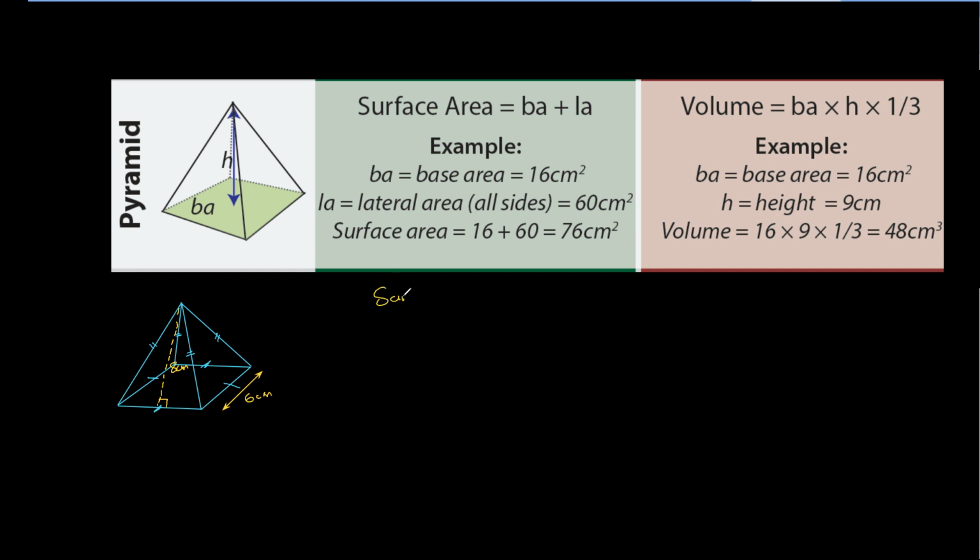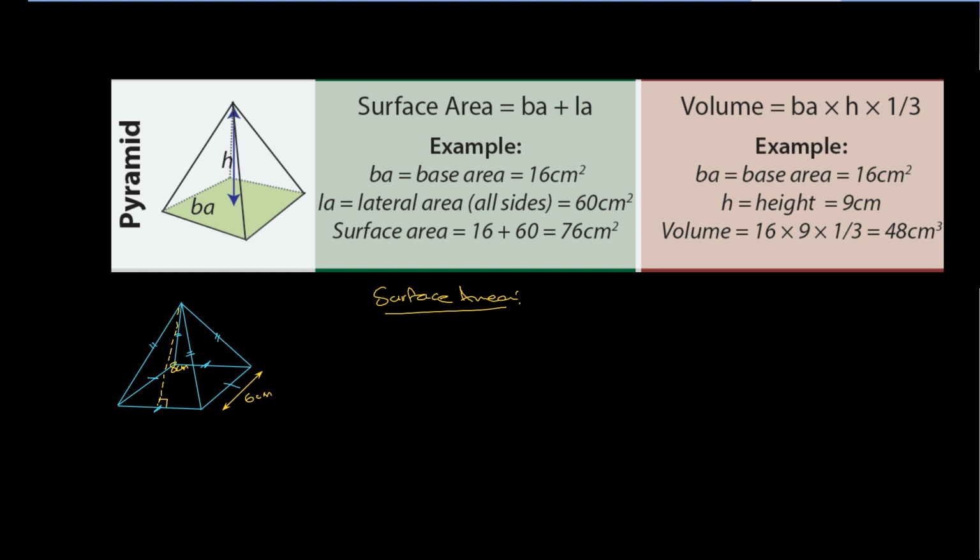Can you calculate for me the surface area for this? Think about base area, think about lateral areas, think about area of a triangle as well. All right, let me begin.